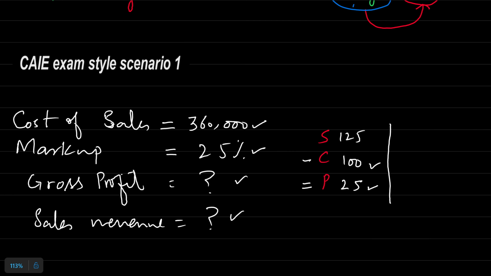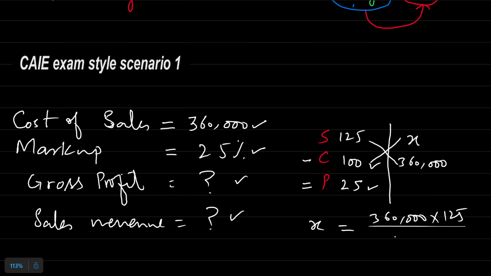So students, in the question we are given cost 360,000, we will write it against cost 360,000, and we don't know what is the amount of sales. Sales is X. Now by cross multiplying these, we can calculate the value of X. X will be equal to 360,000 into 125 divided by 100.